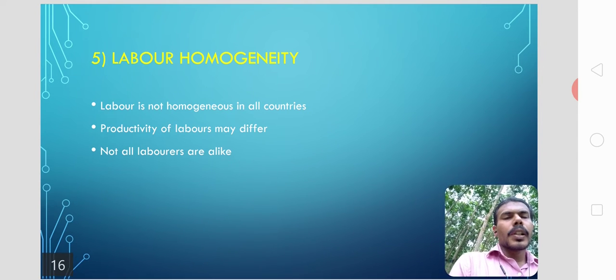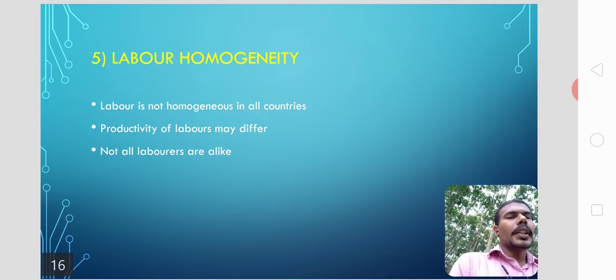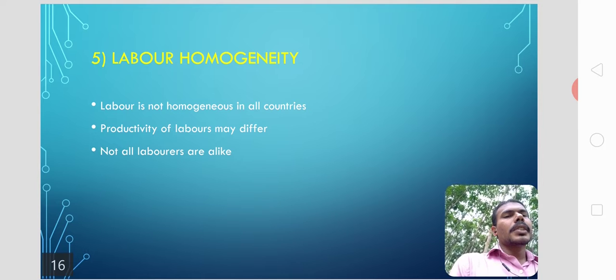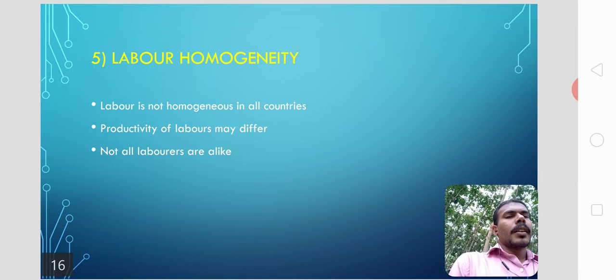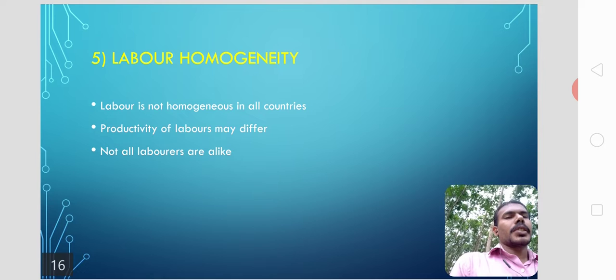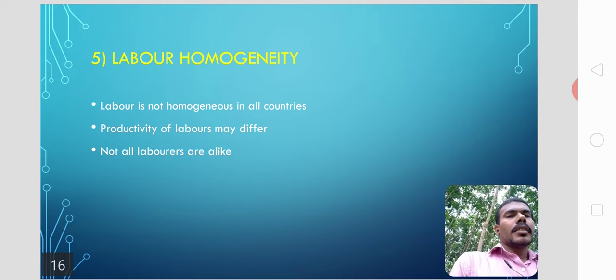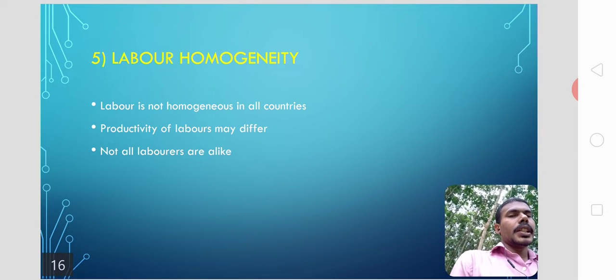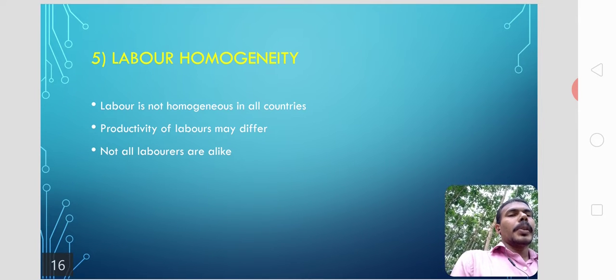So productivity of laborers may be different from one nation to another nation, and from one sector to another sector. So productivity may not be equal in both nations. Whenever this assumption is wrong, or when labor is proved to be heterogeneous, or not alike in both nations, then absolute advantage will be affected by this labor heterogeneity.